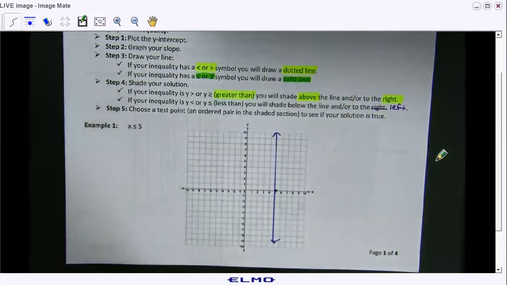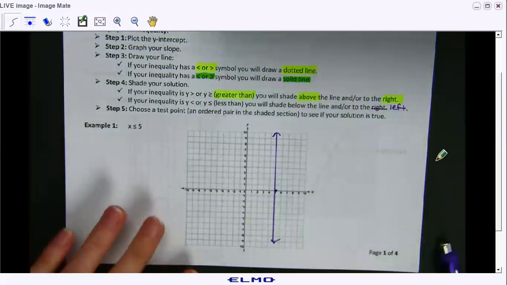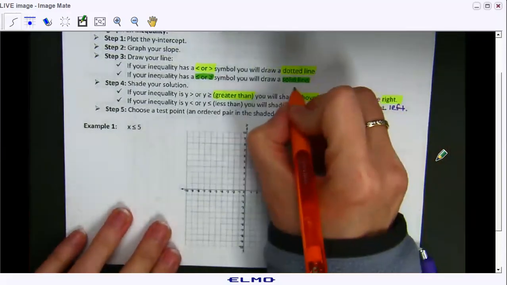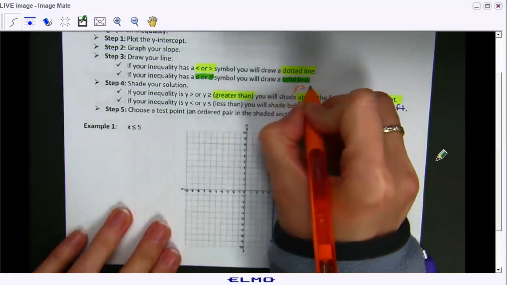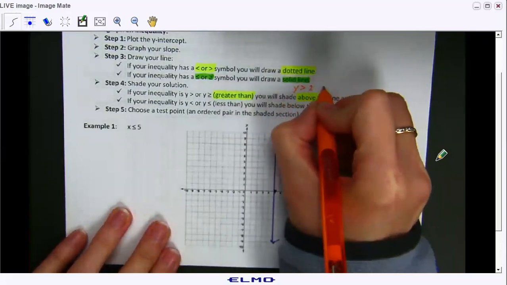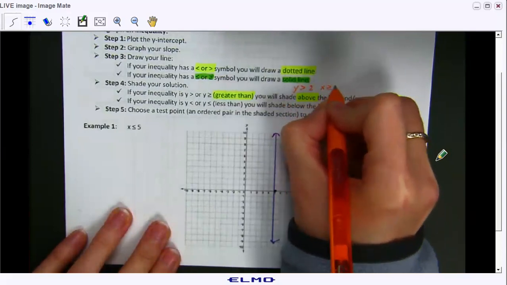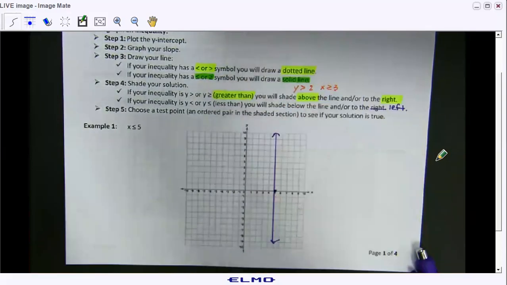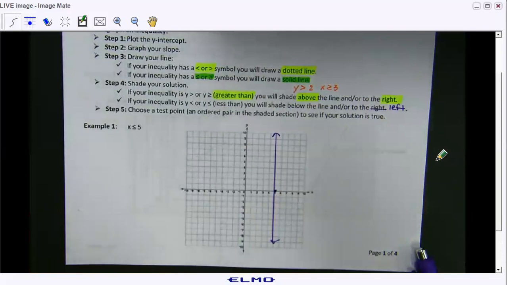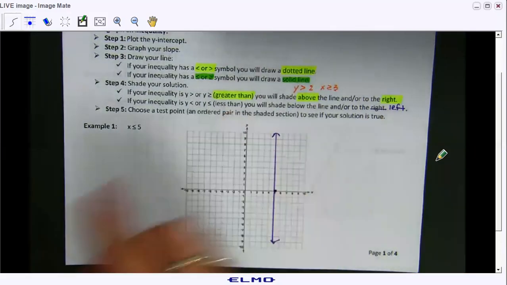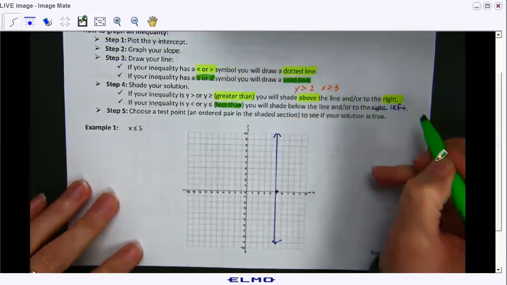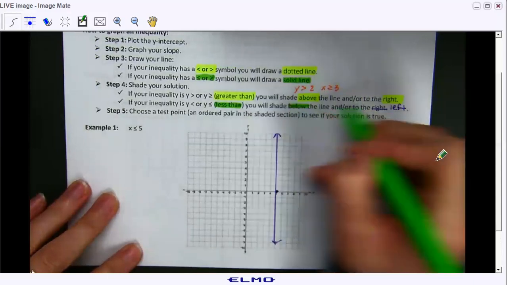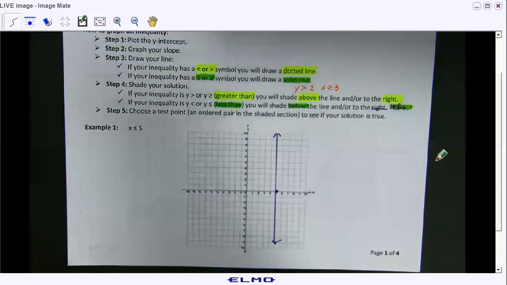Now, above the line is going to be if you have like y is greater than 2, or x is greater than or equal to 3. Okay, if you have a horizontal or a vertical line, if your inequality is less than, then you are going to shade below or to the left.